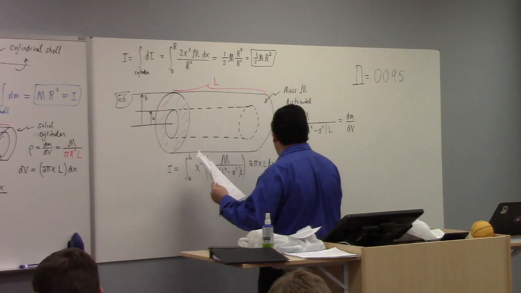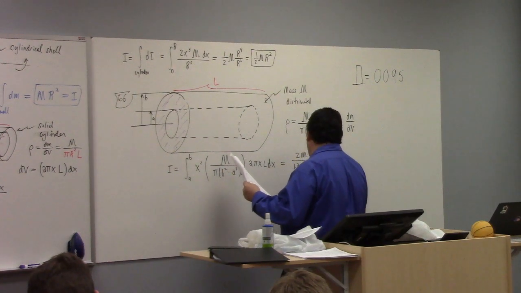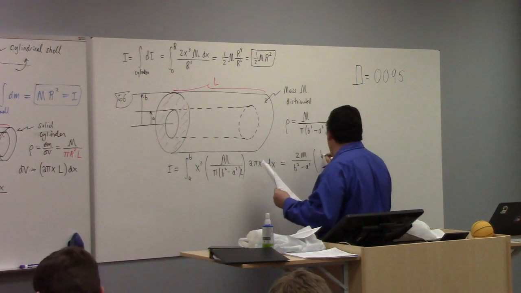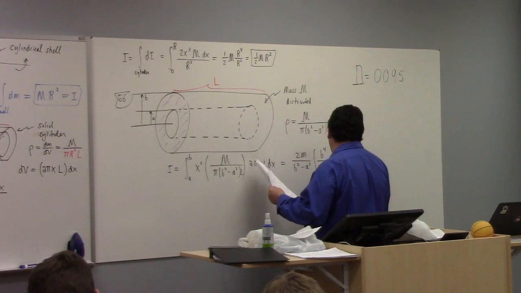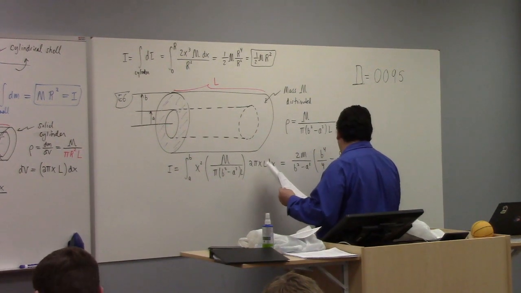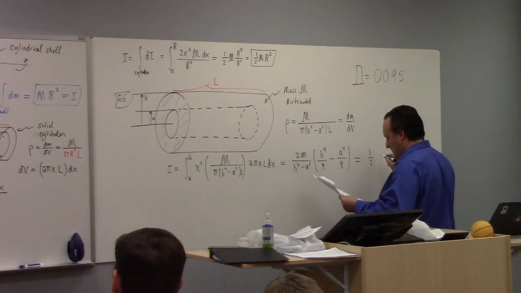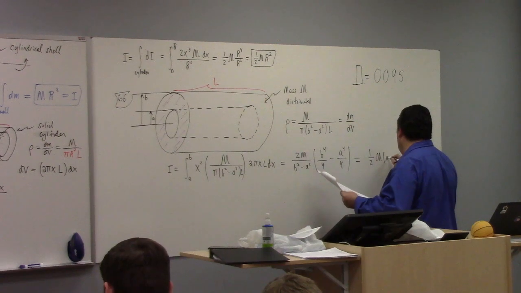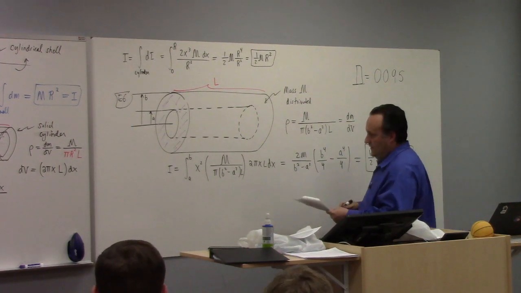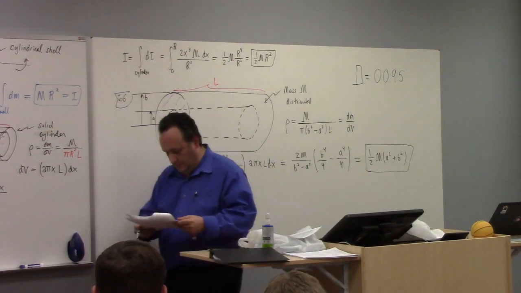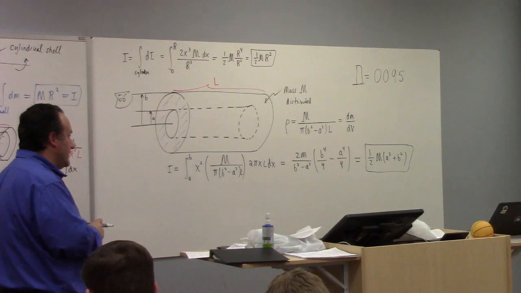And what you get is 2M over b squared minus a squared times b to the 4th over 4 minus a to the 4th over 4. And the interesting thing is, this simplifies by algebra to 1/2 M times a squared plus b squared. So that is the moment of inertia of a thick shell of inner radius a and outer radius b.